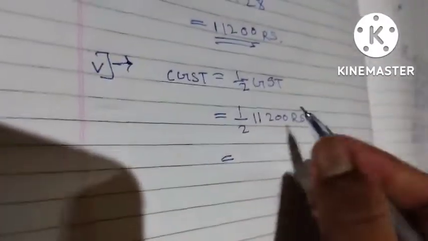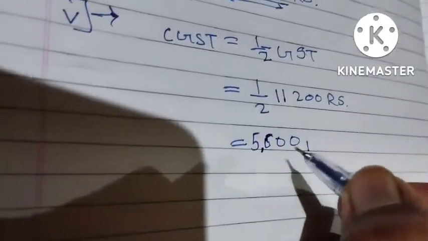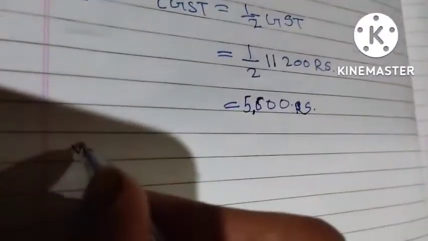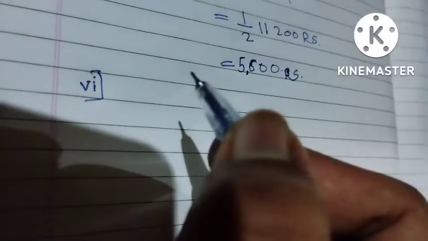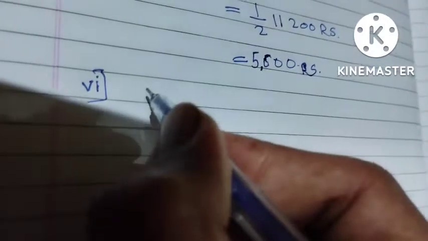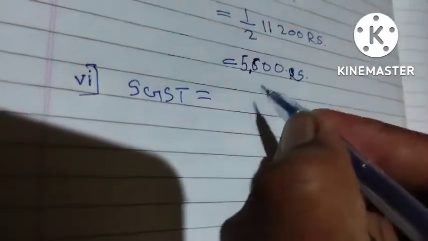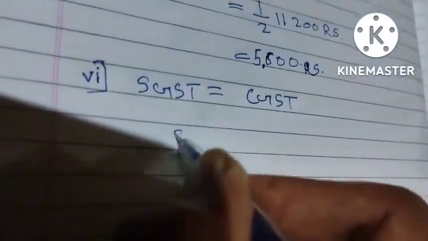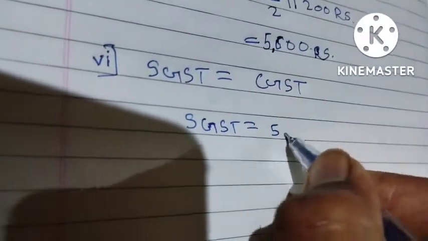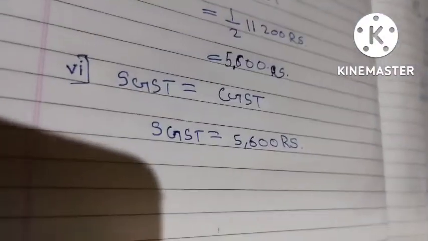So when we divide this by 2, the answer will be 5,600 rupees. Now we have to find out the amount of SGST. As we know, SGST is equal to CGST. So the amount of SGST is 5,600 rupees. Solved.